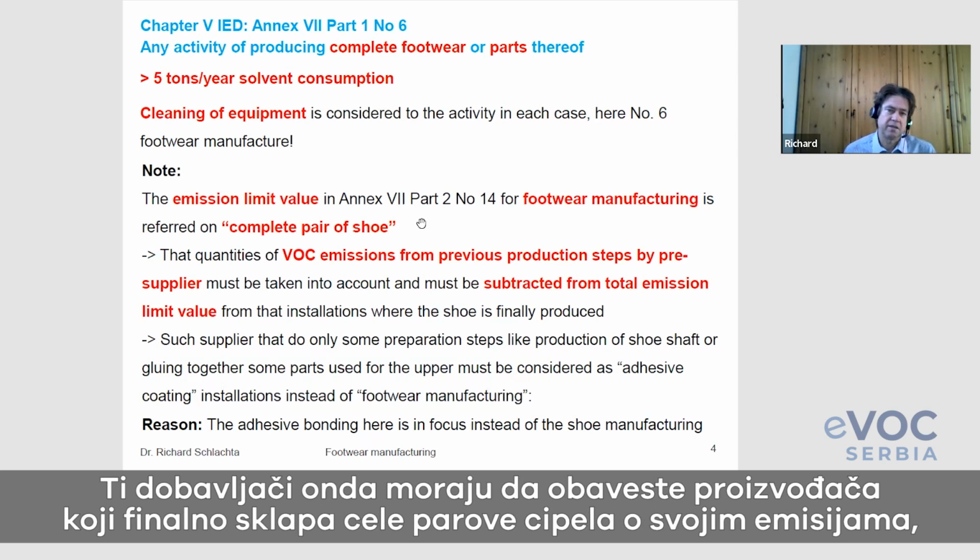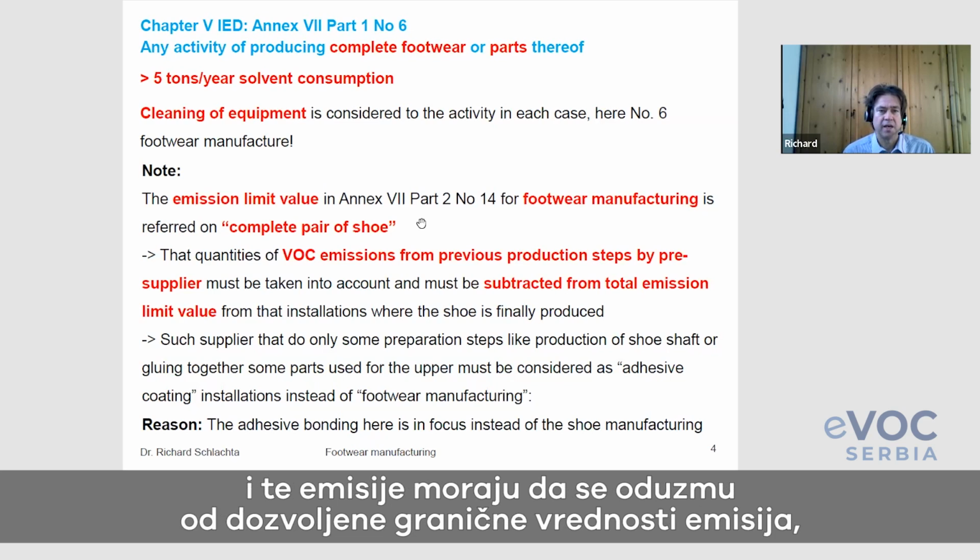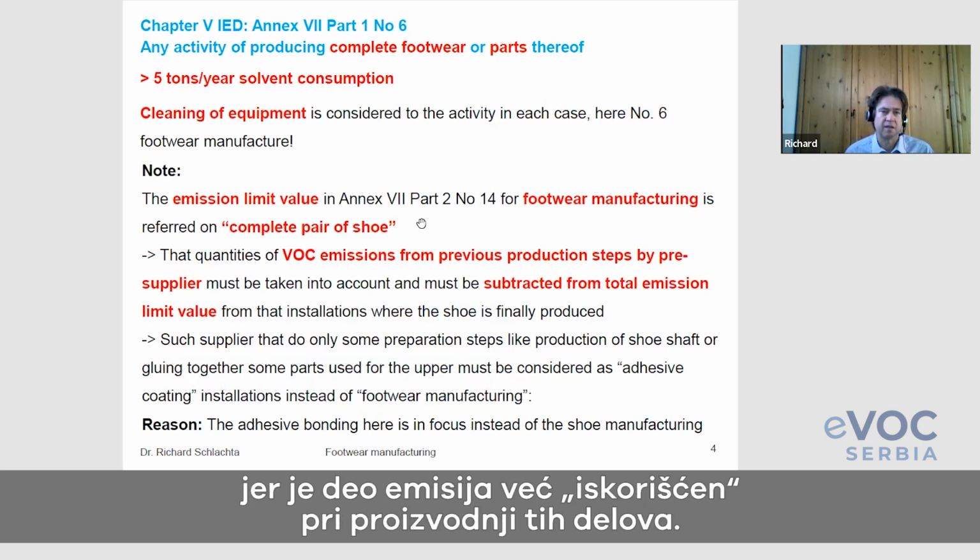They are done at the pre-suppliers, and so the pre-suppliers must inform the manufacturer who is doing the final part of the complete pair of shoes, and those emissions must be subtracted from the total emission limit value for this final gluing installation or footwear manufacturing installation.